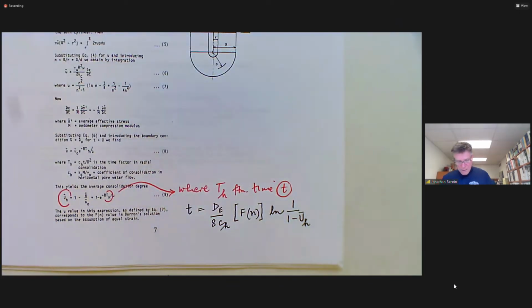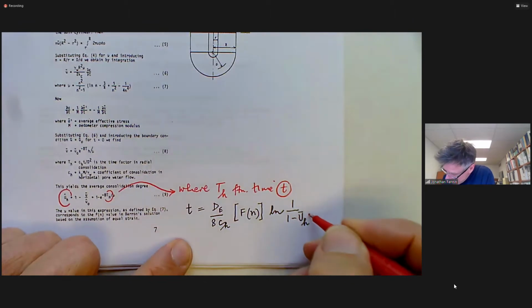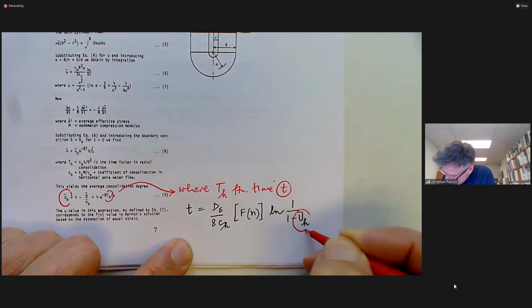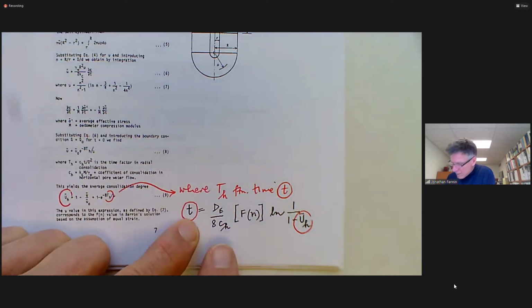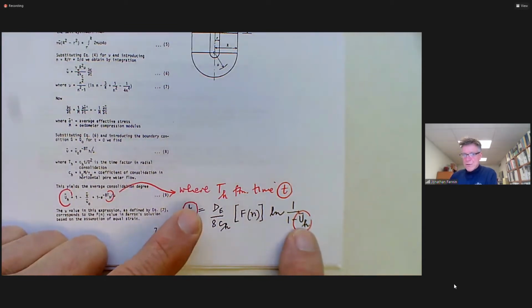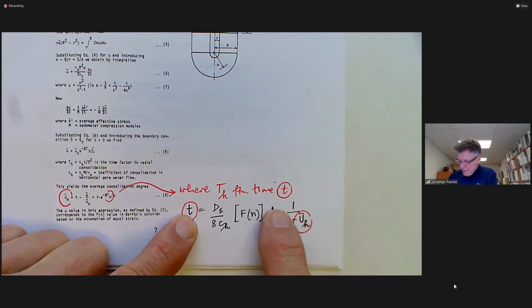Okay, and that gives us again what we're after. There is this, and there is our time. The time to achieve a certain degree of consolidation is controlled by this.